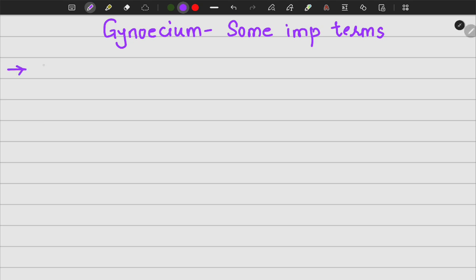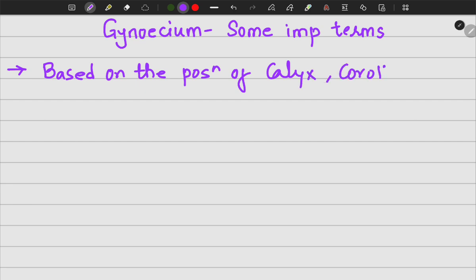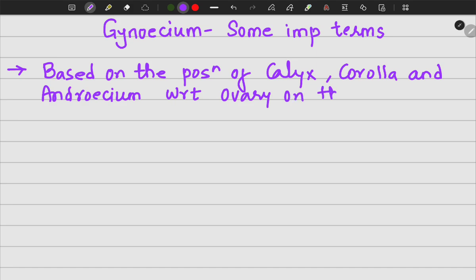So, based on the position of calyx, corolla and androecium with respect to ovary on the thalamus.